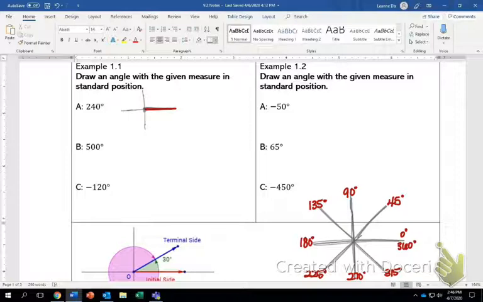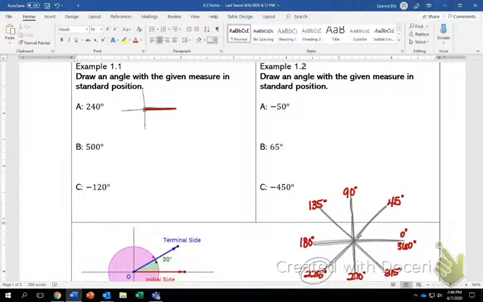All right, 240 degrees. So I went ahead and redrew my separated angles over here so that I can use that. I'm going to figure out really quickly, okay, well, 240 is between the 225 and the 270 somewhere.